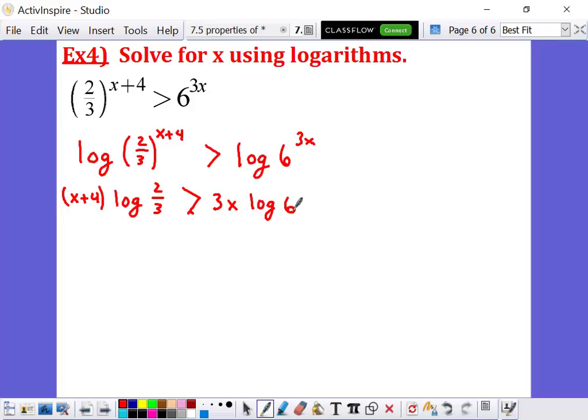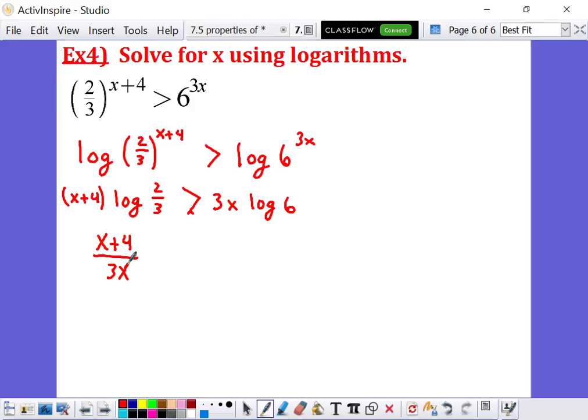So now remember we're going to do some of that cross multiplication here to get these values to be on both sides. So we have x plus 4 over 3x. And we have, if we divide both sides by log of 2/3, now this is a little tricky here, okay?